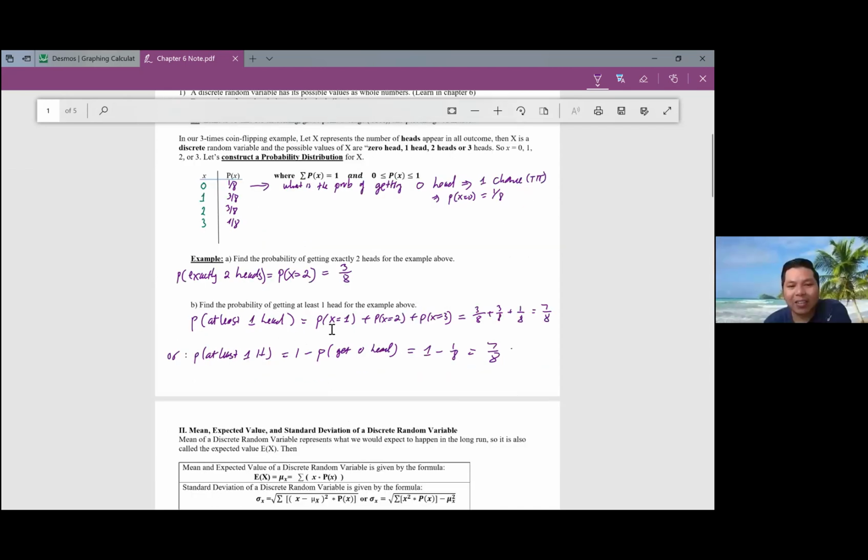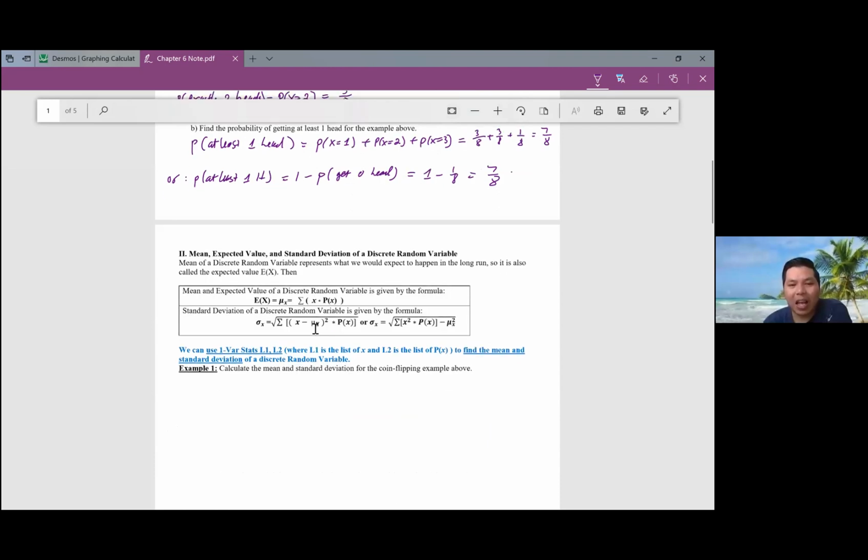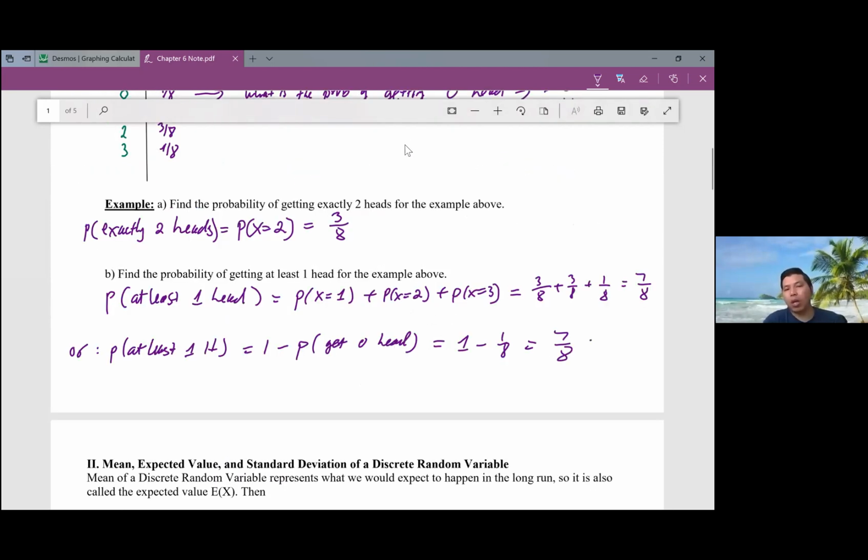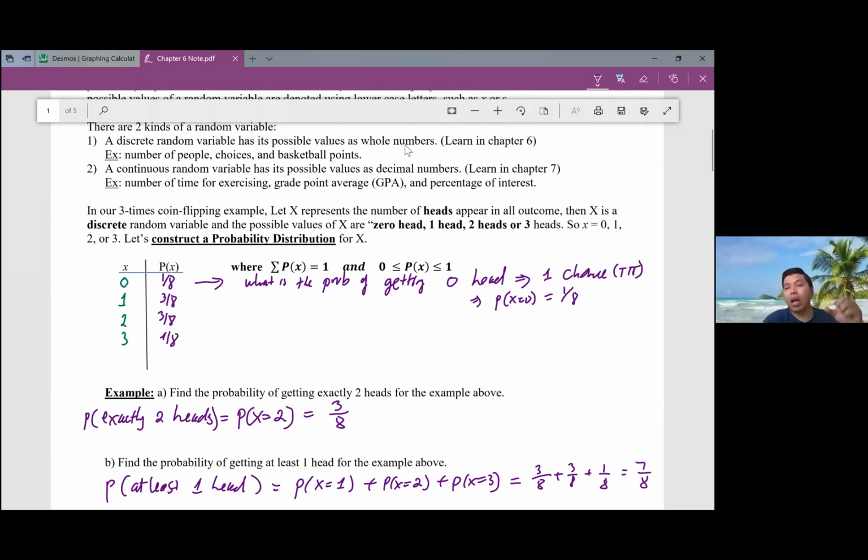Okay, all right. So now, how to calculate the mean, or the expected value, and the standard deviation of a discrete random variable. In chapter 3, we found the mean and standard deviation of data, where we add them all up and divide by how many there are. But in this chapter, we don't have all the outcomes, but instead we have a scenario.